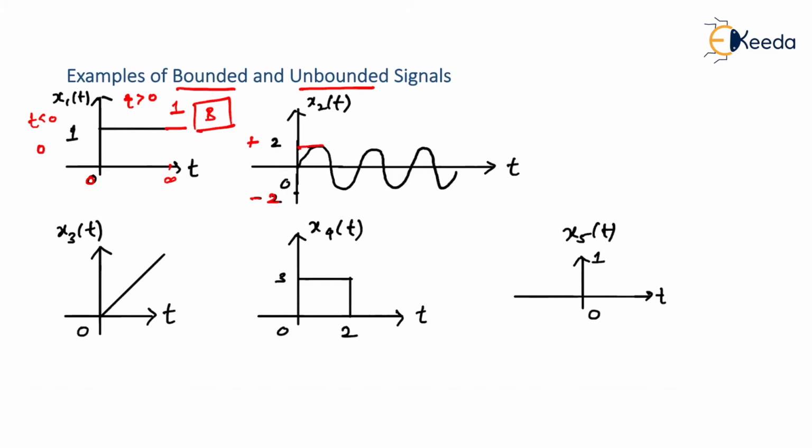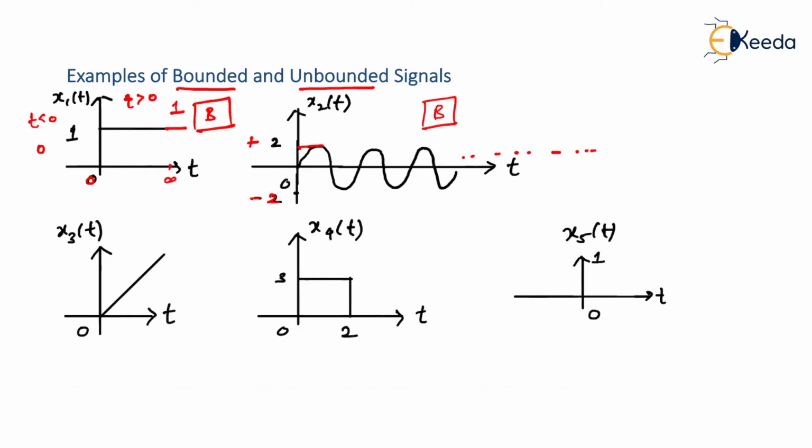For infinite time, it is going to remain sinusoidal. Even though t tends to infinity, the amplitude would be somewhere between +2 and -2. So amplitude remains finite, and therefore this also comes in the bounded signal category.